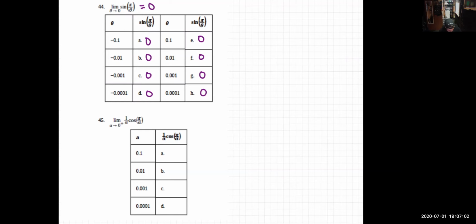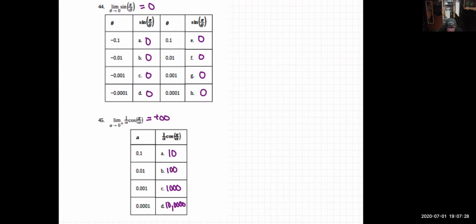Plugging in 0.001, we get 1,000. I'm going to guess the next one's 10,000, but let's confirm that, 0.0001. It is indeed 10,000. So it looks like we can infer that the limit as alpha approaches zero from the right of this function is just heading off towards positive infinity.